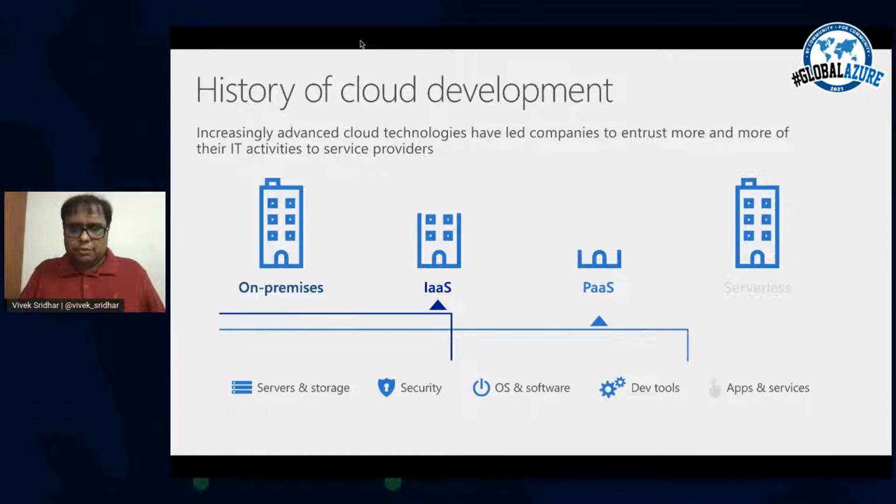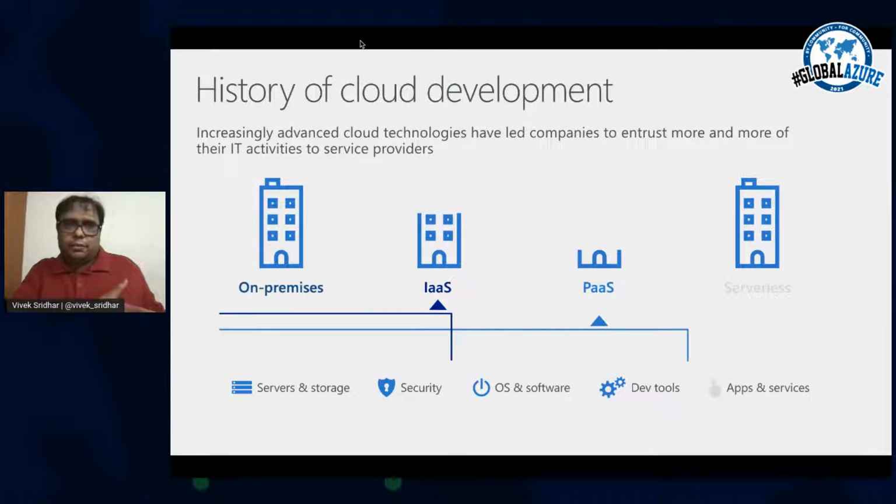But then platform as a service came in and helped us manage the OS and software without even worrying about it. The patching, etc., everything was done by cloud providers like Azure platforms, and the dev tools. Everything was already available for us to take forward, and that's how the evolution of my career has been.